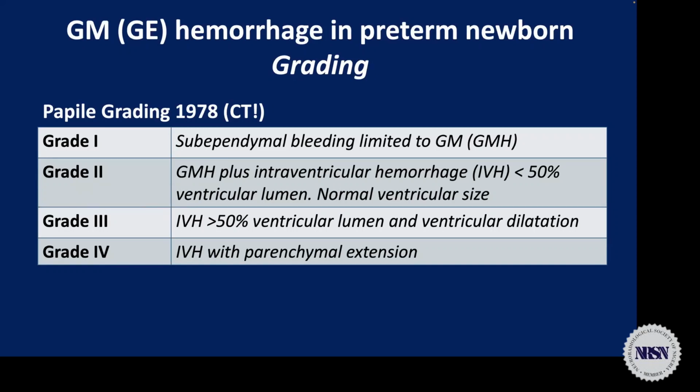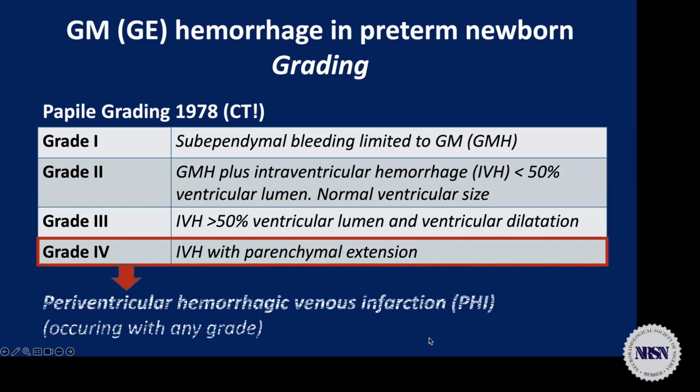If the ventricular lumen is occupied by hemorrhage less than 50%, we have grade 2. And if the ventricular lumen is occupied more than 50% by hemorrhage, we have grade 3, and we have grade 3 also in case of ventricular dilatation. In grade 4, we have not only a germinal matrix hemorrhage and the intraventricular hemorrhage, but also a parenchymal extension of this hemorrhage.